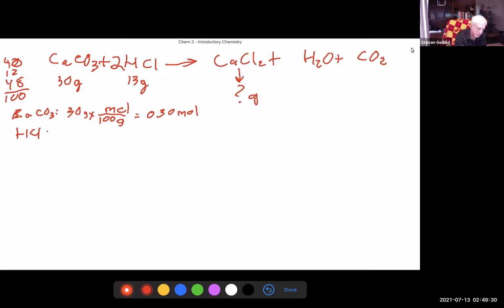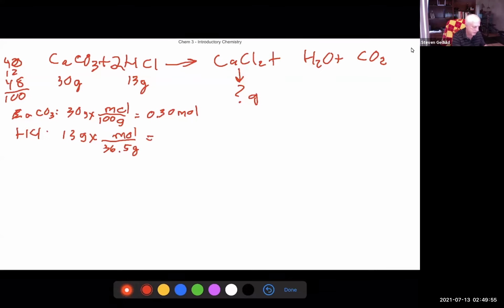Hydrochloric acid: we have 13 grams of hydrochloric acid, and chlorine is 35.5, hydrogen's 1, so 36.5 grams per mole.